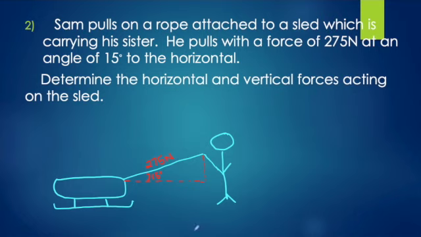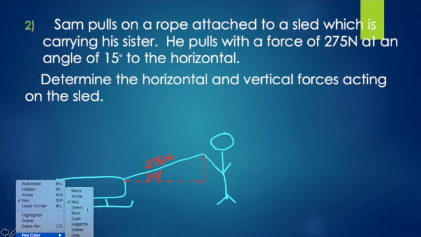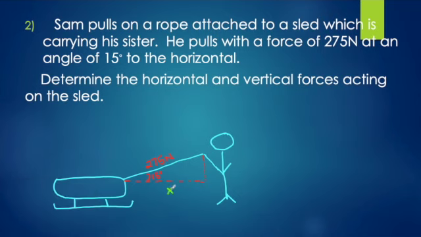Okay, so what we want to do is determine our horizontal and our vertical components. So what we're looking for is our x here and our y here, because x, remember, is horizontal, y is our vertical component. So we're going to determine our absolute value of x, which is our horizontal component. Okay, and then we will do our y as well, which is our vertical component.